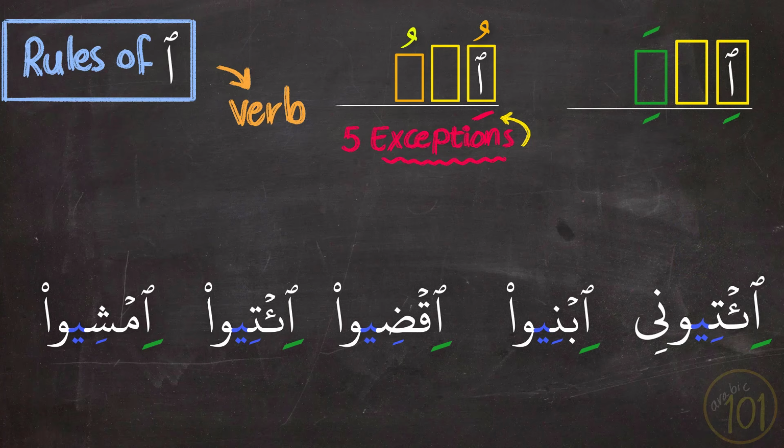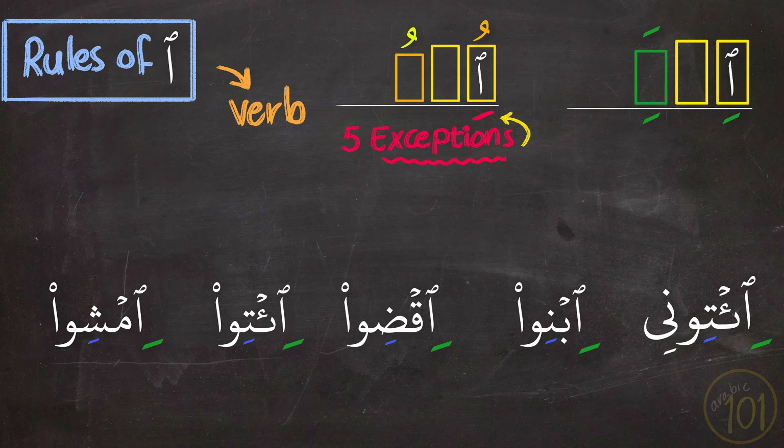But in order to lighten the pronunciation of the word and avoid having 2 long vowels one after the other, the ya was removed, and the third letter is now in a new situation followed by waw. And so, it acquired dhamma, which is not an original dhamma. But the effect of hamzat al-wasl remained and it didn't change. And we are now left with kasra on hamzat al-wasl with the third letter having dhamma.